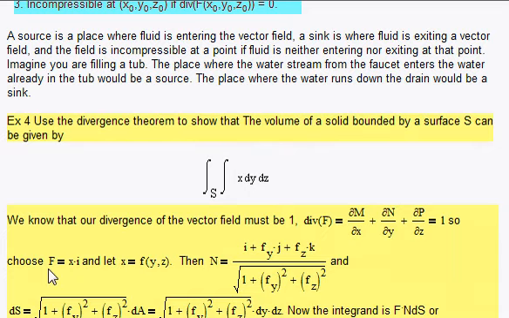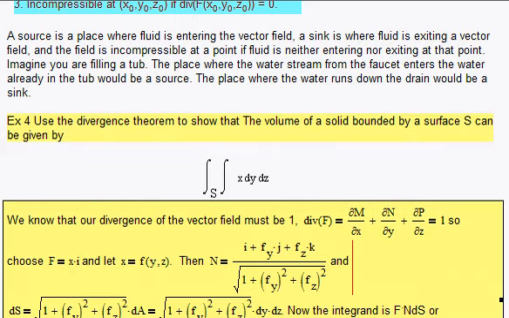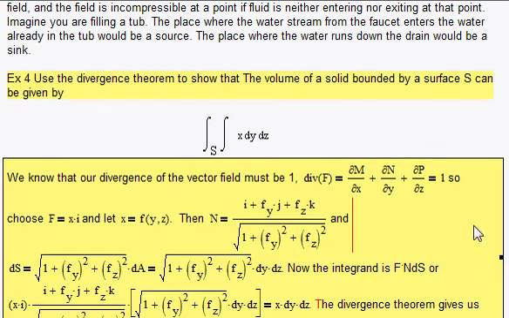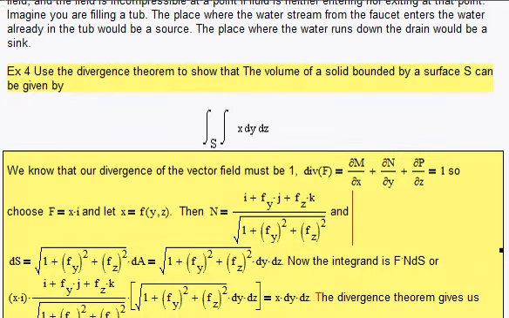And if we choose F equals xi and let x equal f of y, z, whatever that may be, then we're looking at the surface now. Then our normal vector would be i plus the partial derivative of this with respect to y times j plus the partial derivative of this with respect to z times k, all over the square root of, well, we got to make it into a unit vector, so all over that square root, and that should be fairly comprehensible.